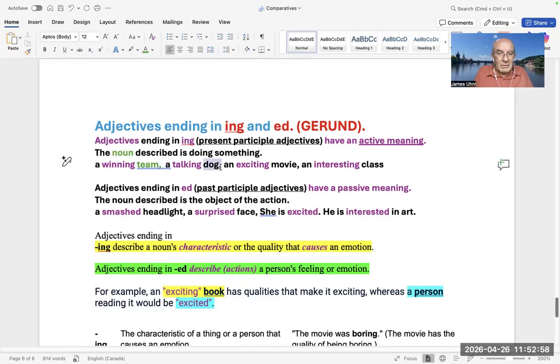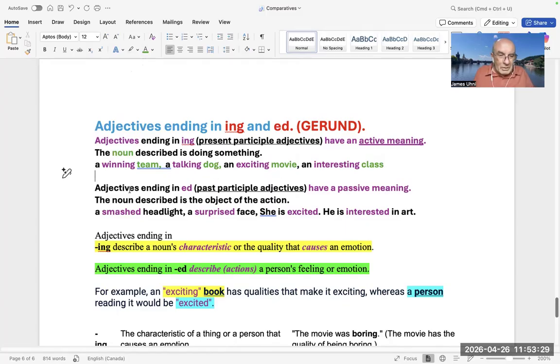Dog is a noun. An exciting movie. Why do we have such complicated grammar? It is not complicated grammar at all. You will find out on some example really, really fast how beautifully it is structured together.